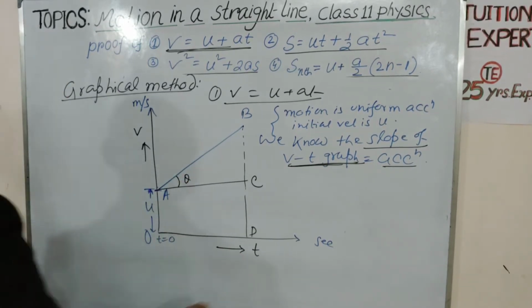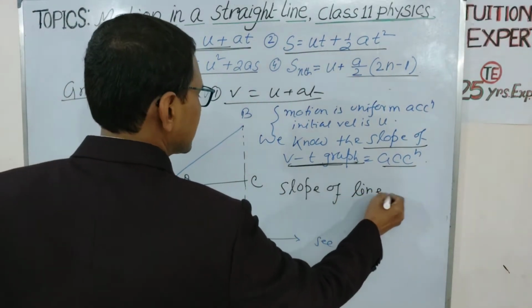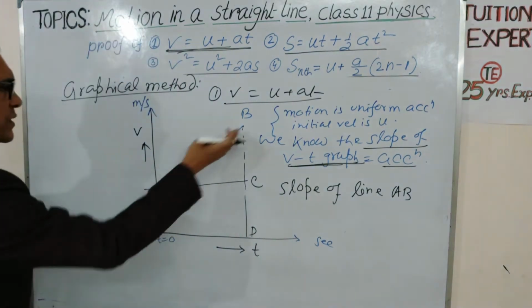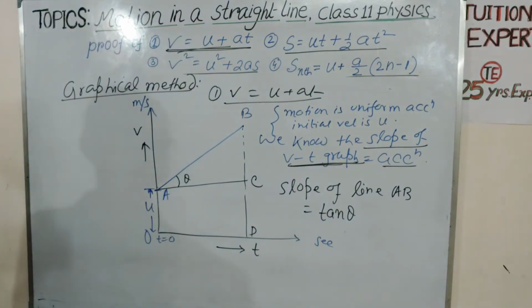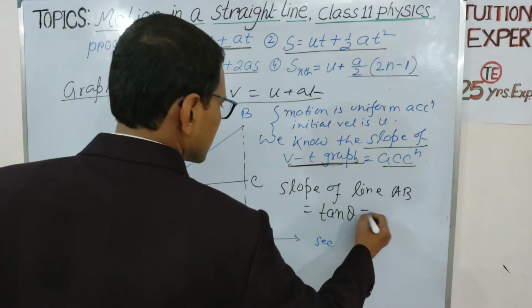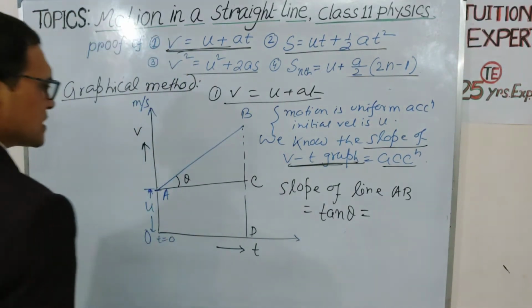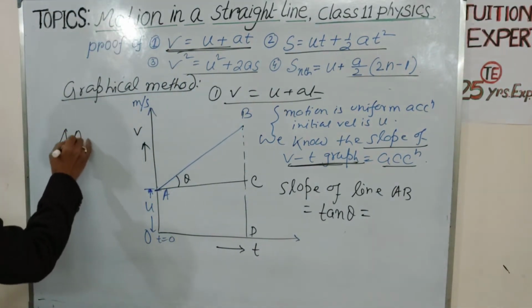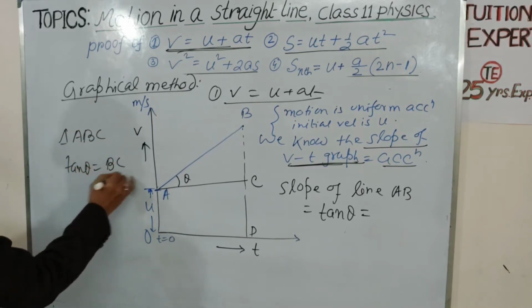So the slope of line AB equals what? Tan theta. We know slope equals tan theta. So from the triangle ABC, tan theta equals perpendicular by base.